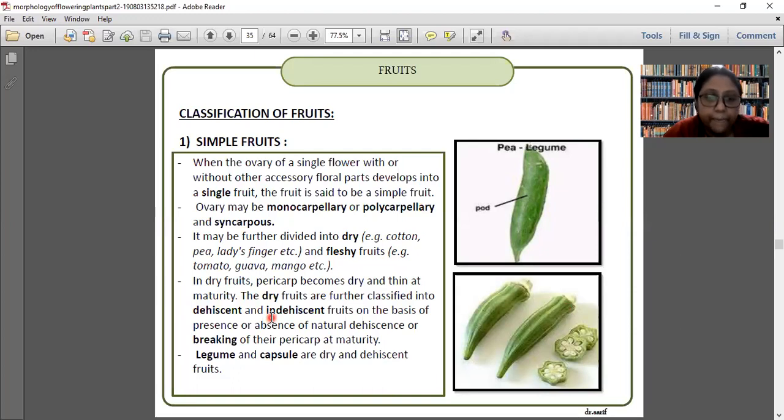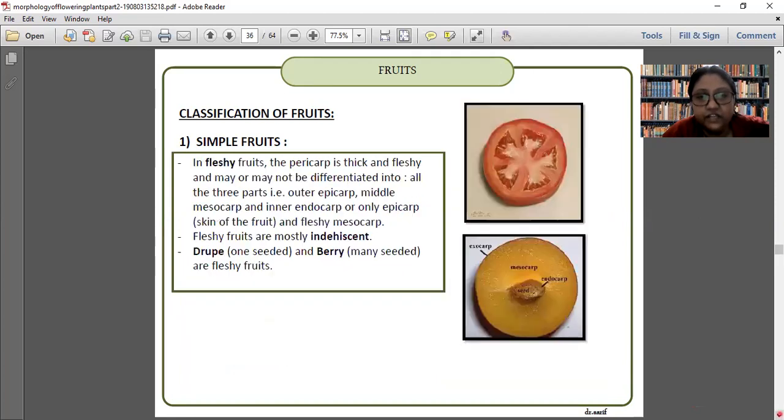If the fruit, once they are developed, they break by themselves. For example, in case of leguminous plant, they break down by themselves and seeds are getting dispersed. We call them dehiscent fruit. But in case of this ladyfinger, they do not dehisce by themselves. We need to like break them down artificially.